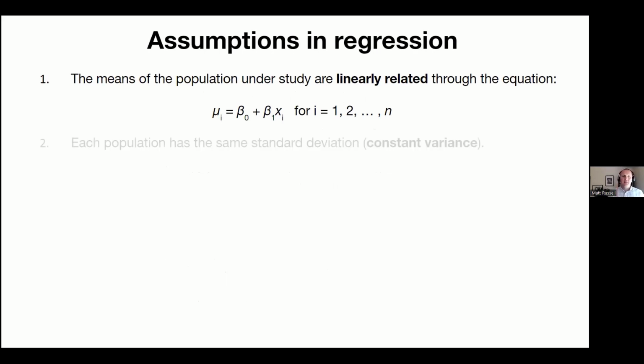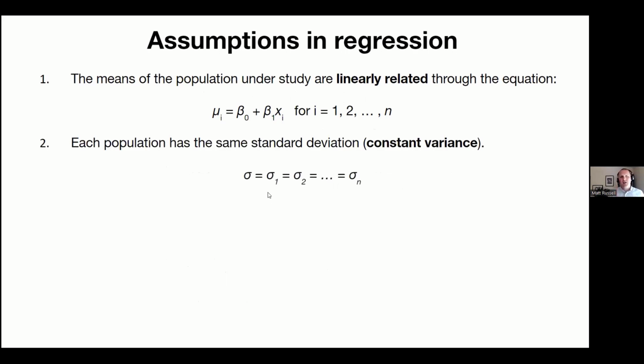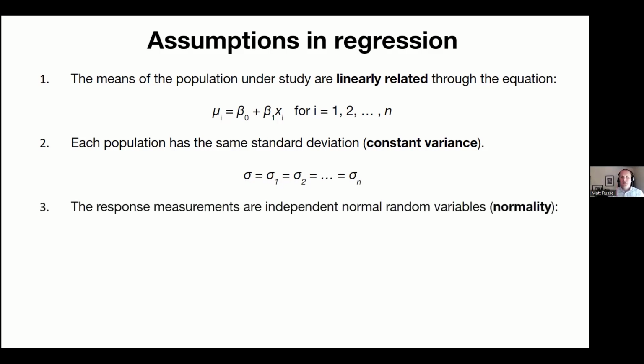Number two, there's a constant variance for every population. And so we represent the variance by sigma squared, or the standard deviation, the square root of the variance, by sigma. So that's got to be constant throughout your entire population.